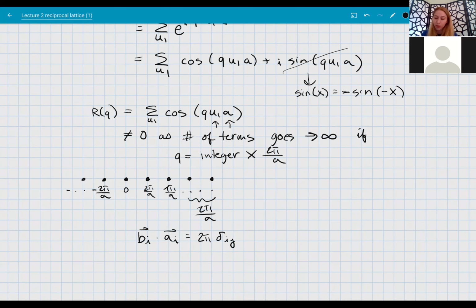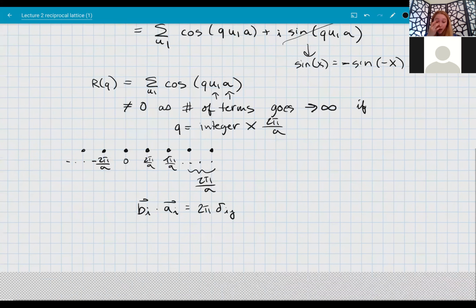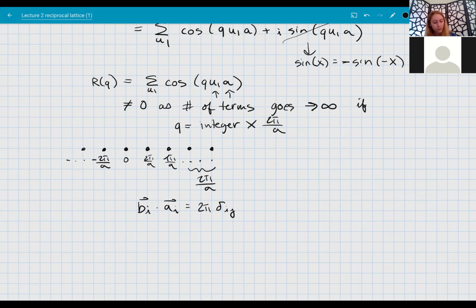All right, so just to summarize, in one dimension, it was shown here that the Fourier transform of the direct lattice is the reciprocal lattice. This same argument can be performed in 3 dimensions as well. I won't go into that, but this is a general piece of intuition that you should keep in mind, that the reciprocal lattice represents the Fourier transform of the direct lattice. So that's one way of thinking about the reciprocal lattice.